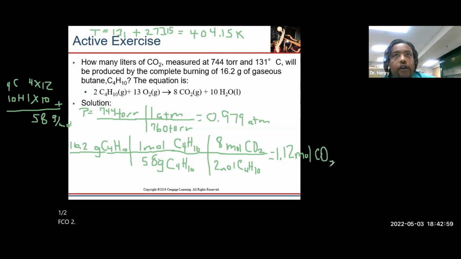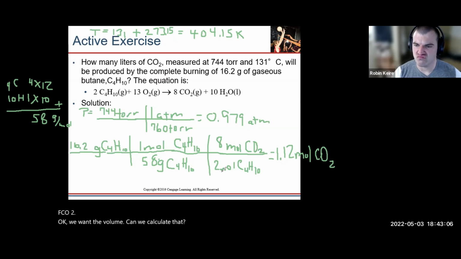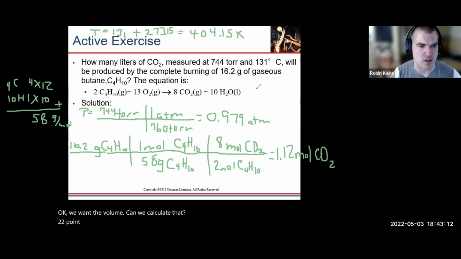Okay, we want the volume. Can we calculate that? Oh, 22.7. Or no, sorry, that's STP.